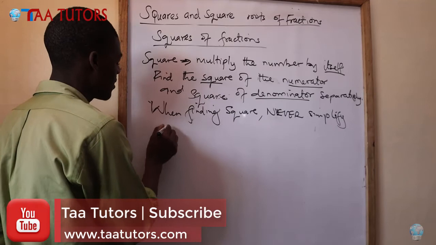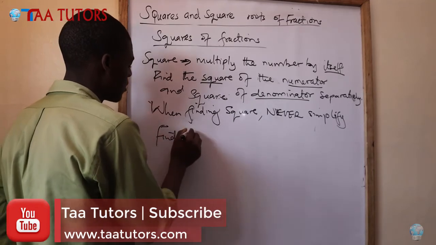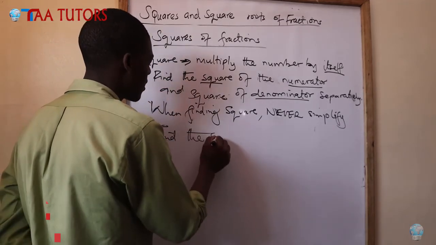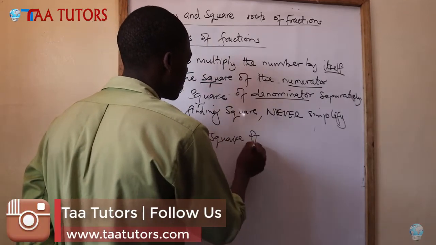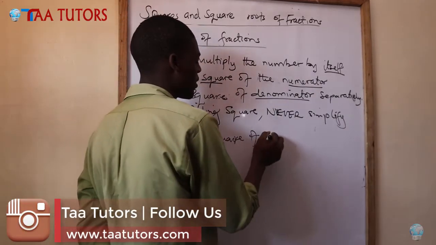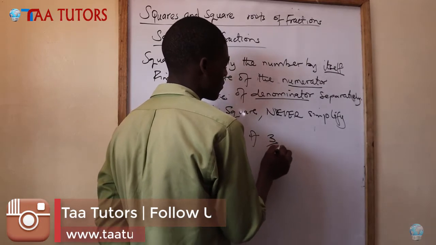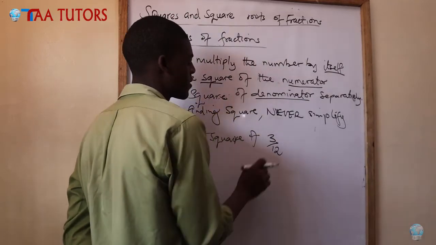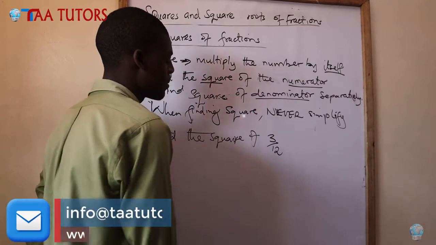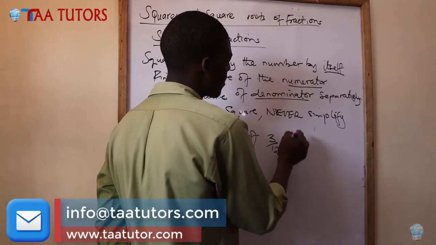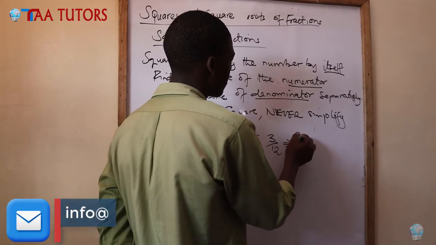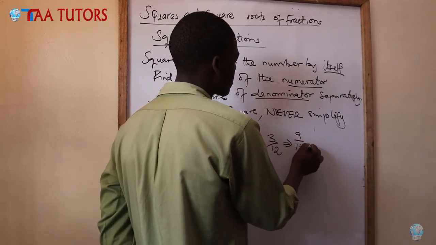When it is to find the square of, let's say, 3 over 12, don't simplify at this point, or after you've gotten their squares. That will be 9 over 144.